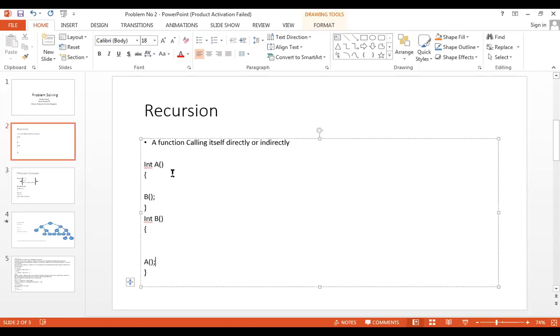So there are a lot of applications of recursion when the solutions or the optimized solutions are concerned. But it is not always necessary that recursion gives the optimized solution. Like one of the examples we'll be seeing today is the Fibonacci example, and that can be solved using recursion.